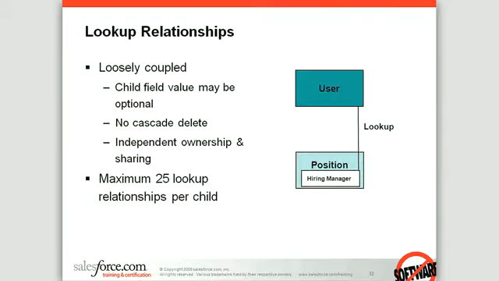In other words, the parent is optional on the child. In addition, there's separate record level access defined for the parent and the child, so independent access control to both of these different records. And finally, no cascading delete. Because the relationship is optional, deleting the parent does not delete all related children.